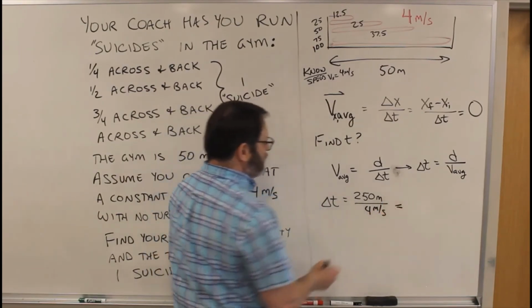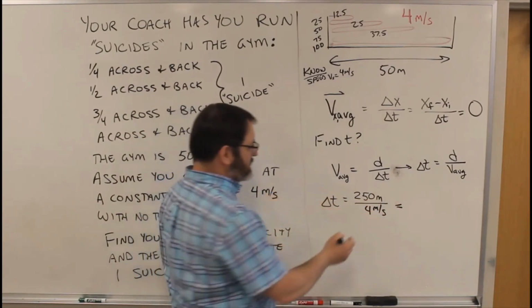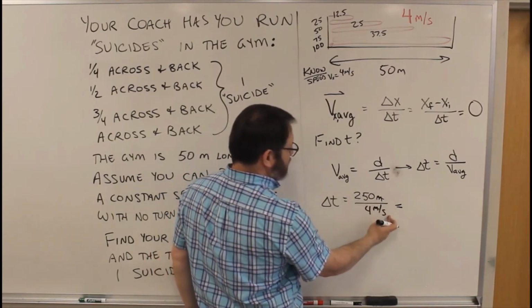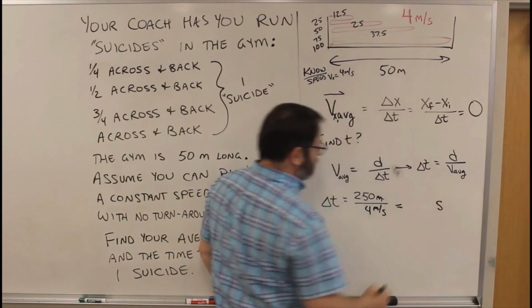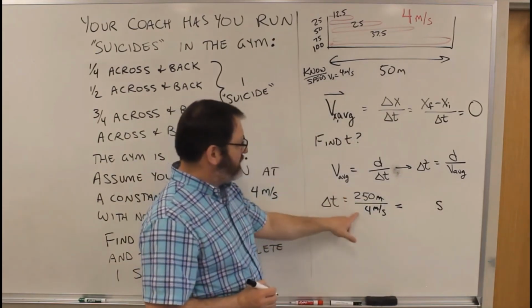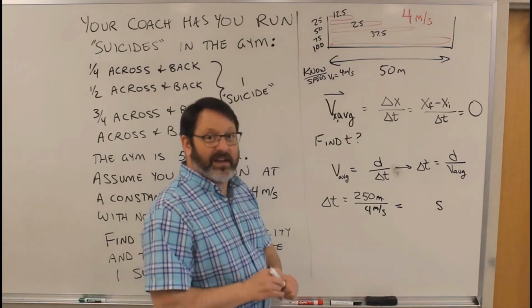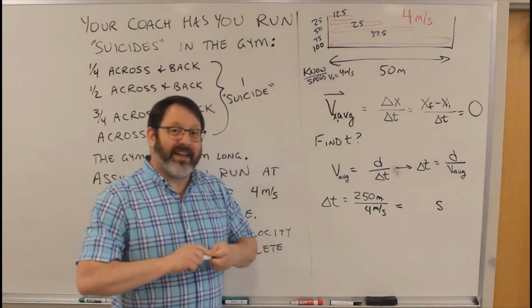And that gives me meters divided by meters, those cancel. So I've got 1 over seconds in the bottom. So I'm going to have something in seconds. So 250 divided by 4 seconds. And you can put that into your calculator to figure out what that answer is.